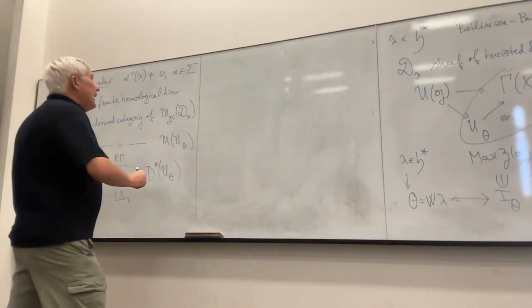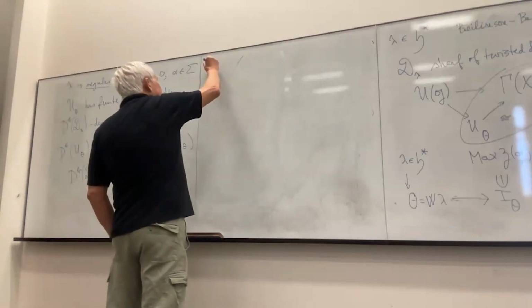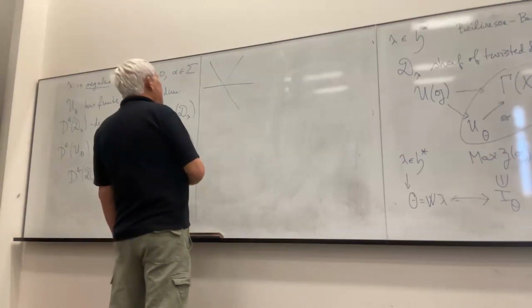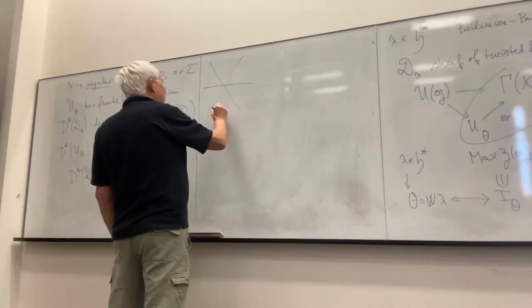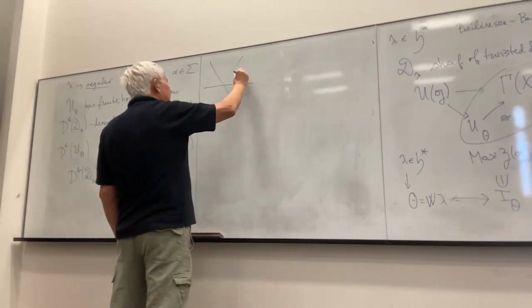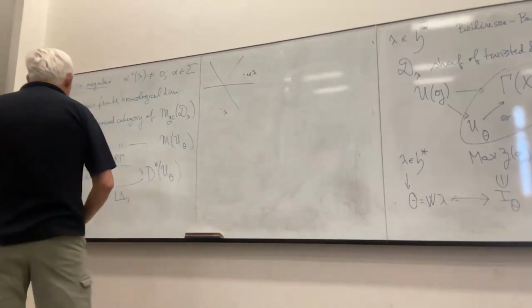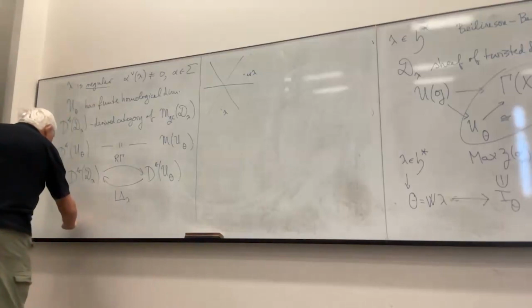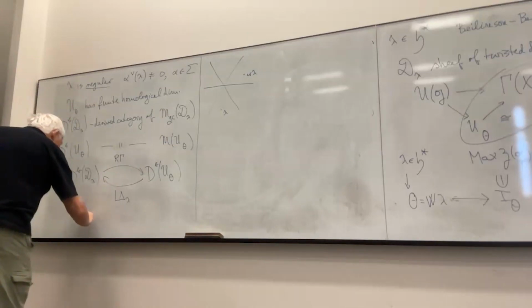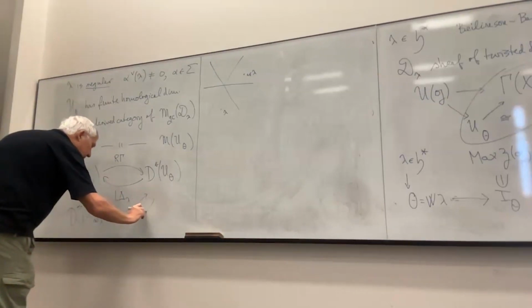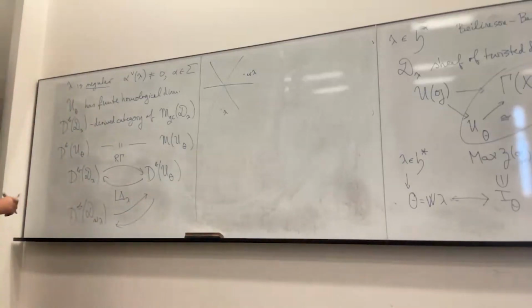Now, let me point out that this tells us that, say, in the case of lambda and some other W lambda, if I look at D^b of D W lambda, then again I have these arrows which are equivalences of categories with D^b of U theta.